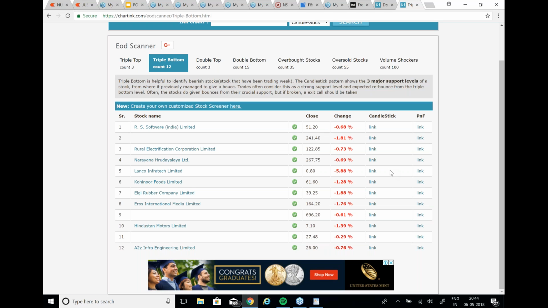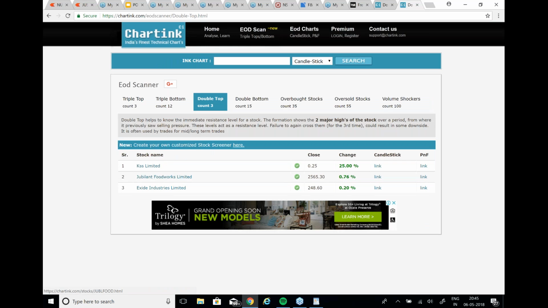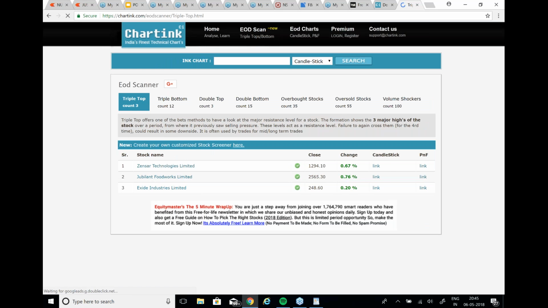Don't trade in any penny stock. Kohinoor Foods, Elgi Rubber, Eros International Media, Hindustan Motors, and A to Z Infra. All these stocks are basically making a triple bottom. Then you go to the double top. There are Jubilant Foodworks and Excite Industries giving double top. Even triple top, you can see Jubilant Food and Excite Industries.